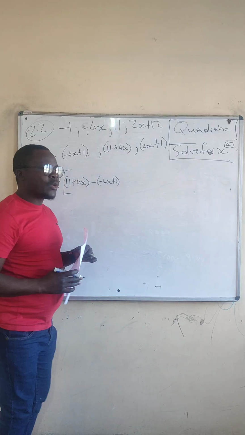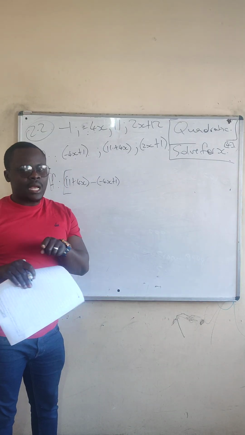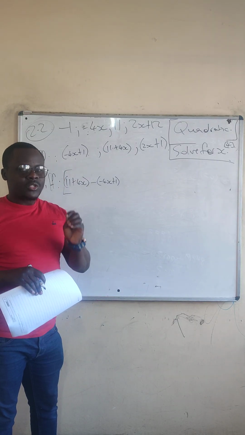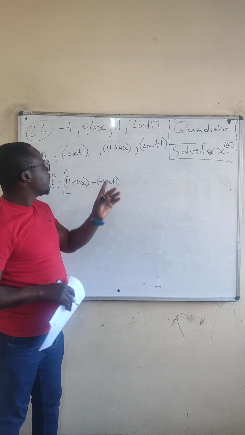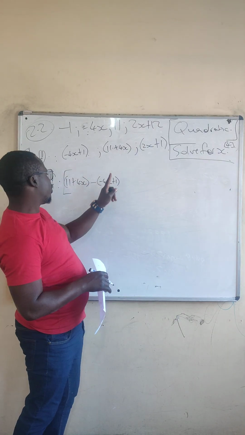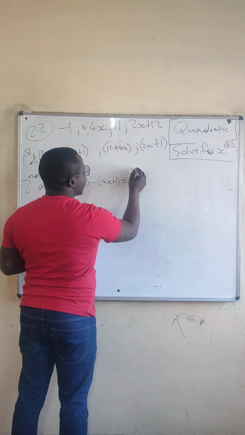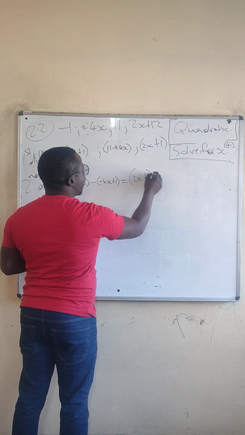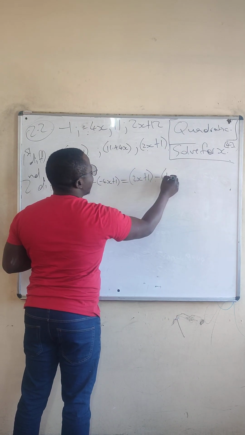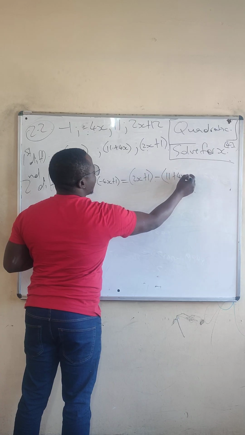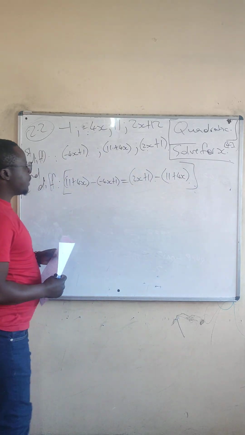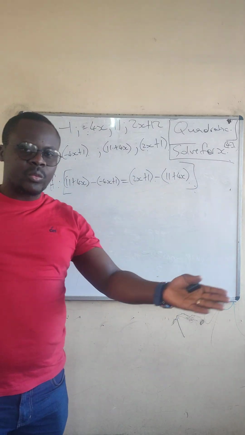We should understand that second differences are always the same, so they are equal. Let's make an equation: this equals 2x plus 1 subtract 11 plus 4x. So you can see we are making an equation.